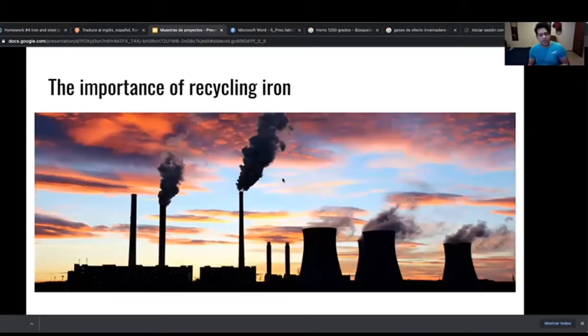Lastly, iron recycling is very important environmentally. This is because we need to reduce greenhouse gas emissions. The iron and steel industry is estimated to be responsible for 7% of total CO2 emissions.